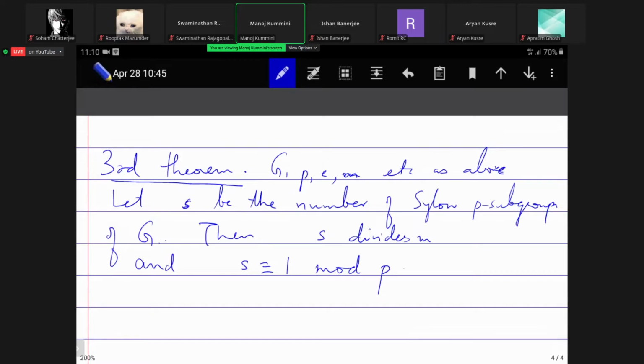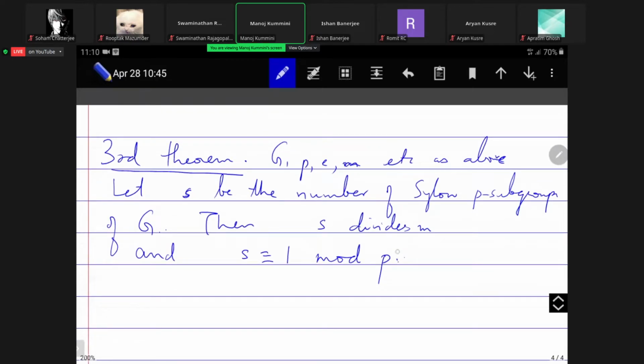I won't get into the proof of any of these statements because this requires a little bit more work, because you have to say that S divides M. So some cosets and so on. There has to be some action, etc. Okay. So I won't.